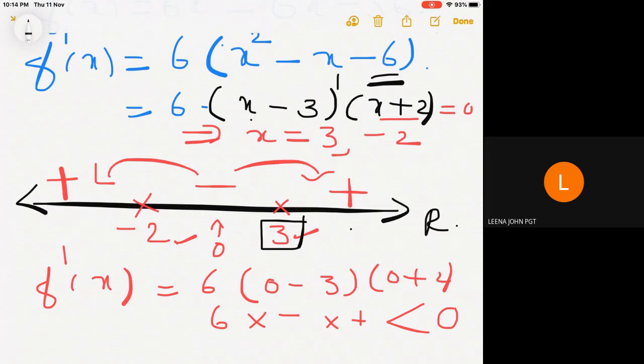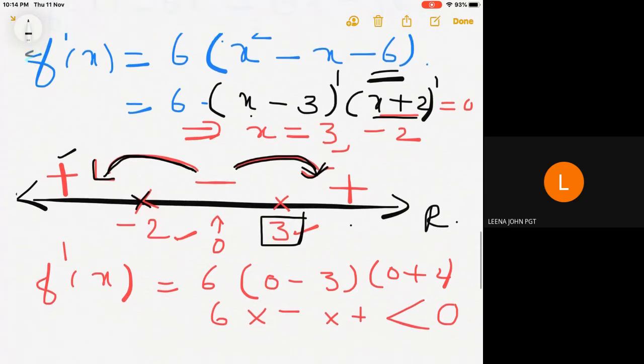When the power of x minus 3 is an odd number, when you cross this border, this minus changes to plus. Similarly, when crossing minus 2, the factor responsible for minus 2 is x plus 2, and its power is 1. If the power of x plus 2 is 1, the sign changes, that is, it becomes plus.